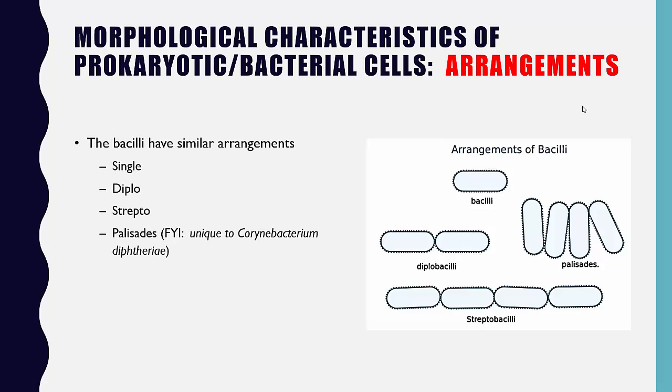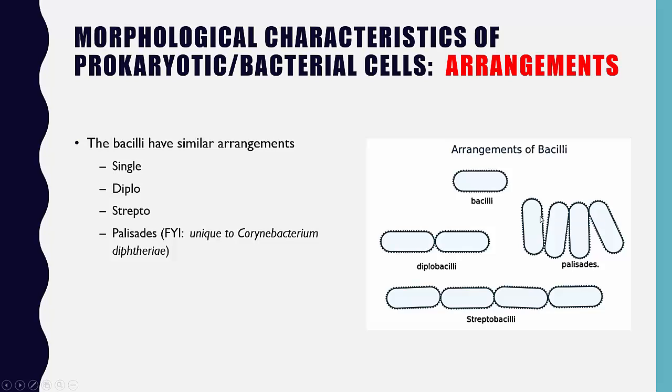All right. So again, now let's go to the bacilli. Do they have similar arrangements? Yes, they do. Bacilli can be in a single arrangement. They can be diplo, but it's diplobacilli. They can be streptobacilli, but you will not see staphylobacilli. No, sorry. The closest you can come to this is getting a palisade arrangement.